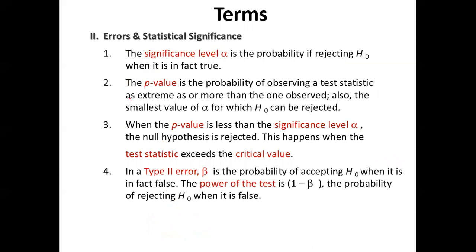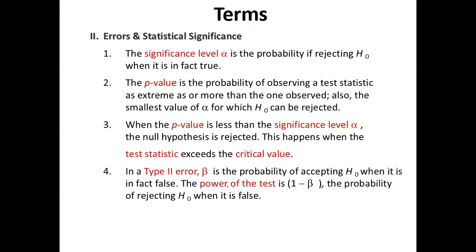This is where the error and the statistical significance occur. First, the significance level alpha is the probability of rejecting H0 when it is in fact true. The p-value is the probability of observing a test statistic as extreme as or more extreme than the one observed.